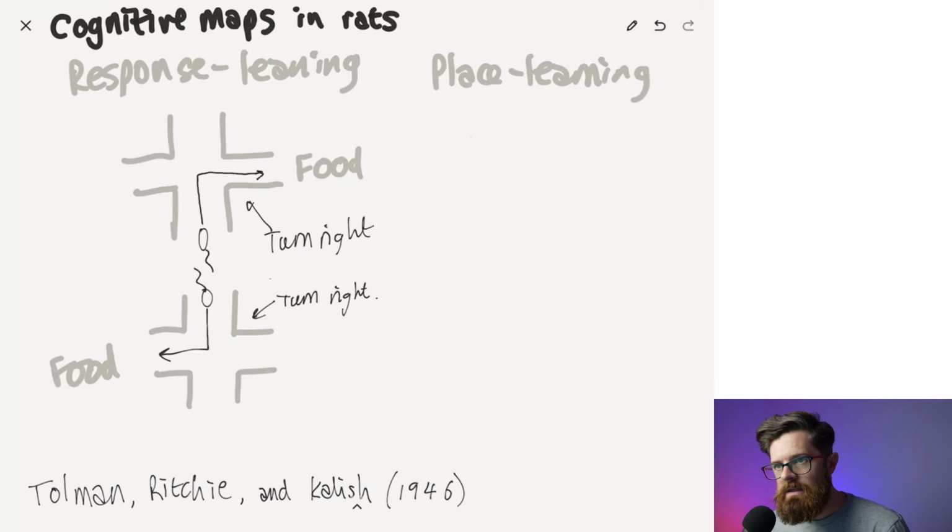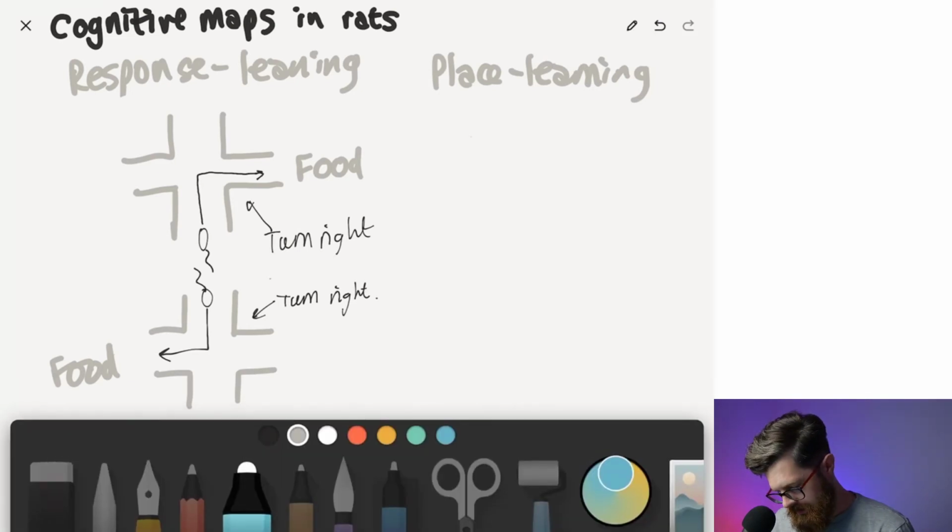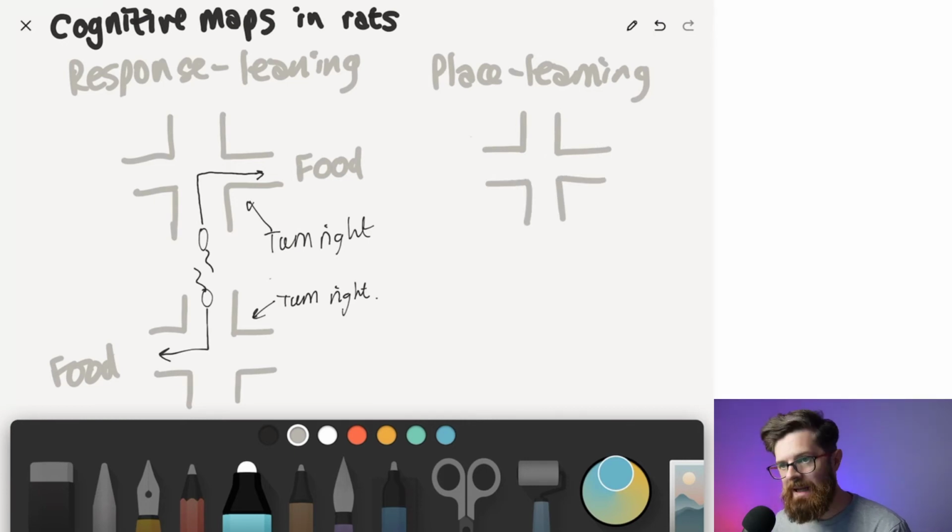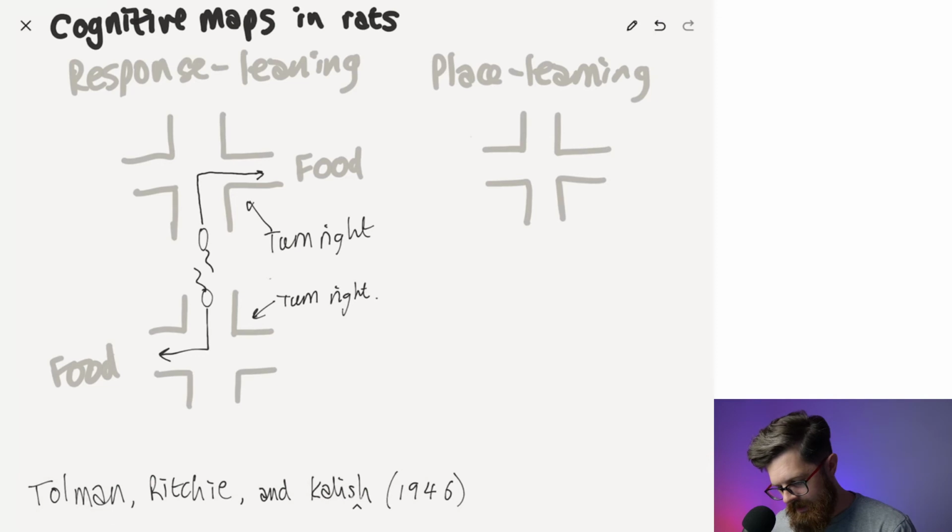Okay, so let's look at the place learning experiment. We have a similar setup here. It's a very kind of simple, elegant experiment. And again, we've got a rat that we're going to place in the bottom of the maze. And now what we're going to do is we're going to see if the rat can learn where the food is.